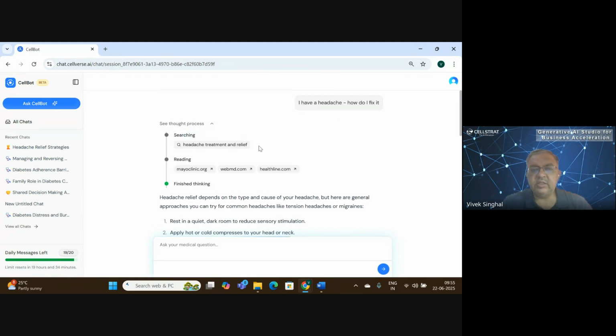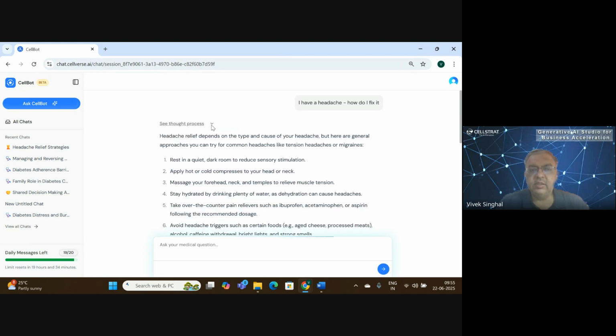It first creates a search phrase. Then it matches the search phrase with its designated medical sources. And it tries to find those sources from the pre-authorized list of healthcare sources where this answer is likely to be found. So in this case, it found three sources: Mayo Clinic, WebMD, and Healthline, where this answer may have been addressed. And then it shows finished thinking process.